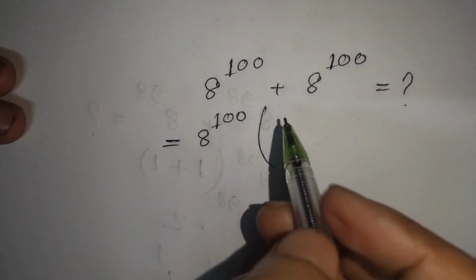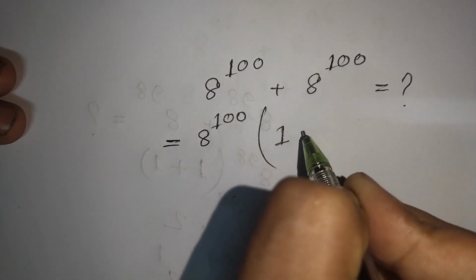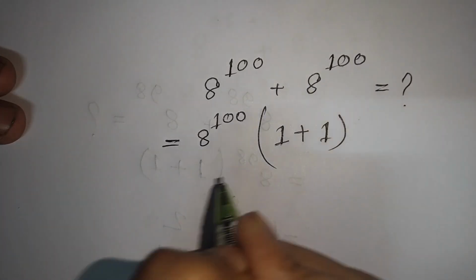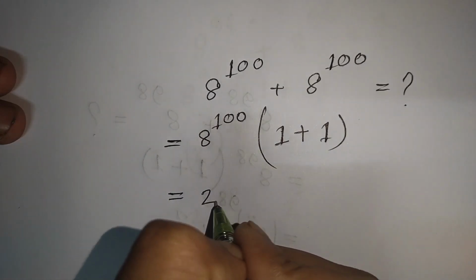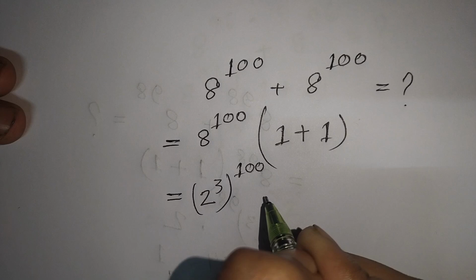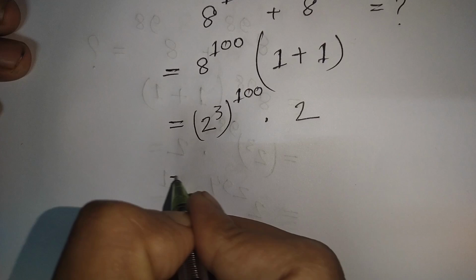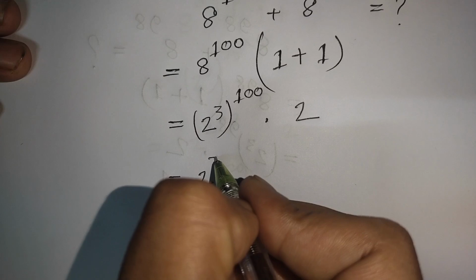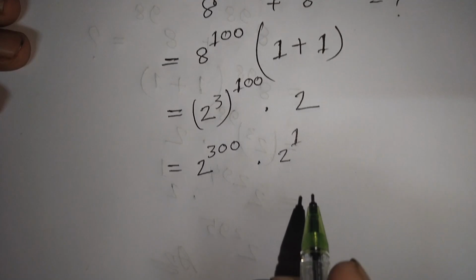First bracket starts, then 8^100 divided by 8^100, that means 1, plus 8^100 divided by 8^100, that means 1. 8^100 is the same as 2^3 to the power 100, times (1 plus 1), that means 2, is equal to 2 to the power 3 times 100, that means 300, times 2, which is the same as 2 to the power 1.